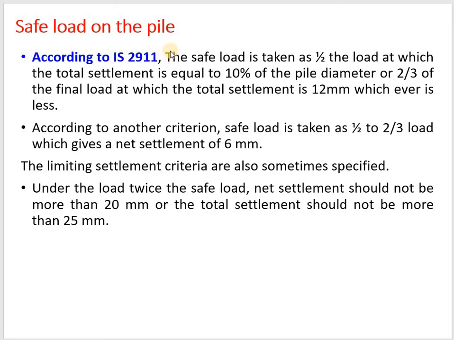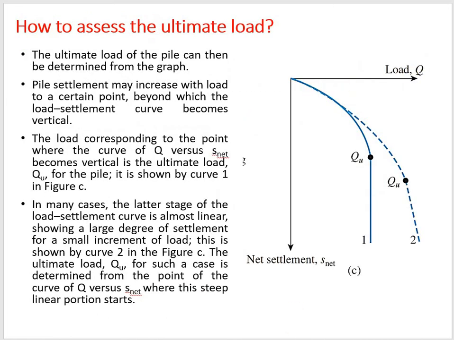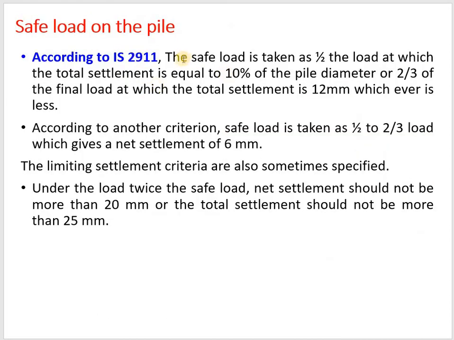So from an exam point of view, if you are asked to find the safe load, and if you are asked to plot the load settlement curve, generally it is not asked, not that important. Even if it is asked, it is easy. Just plot this load settlement curve. Then you follow this guideline: safe load is taken as half the load at which the total settlement is equal to 10% of the pile diameter. That means you take 50% of the load and measure the settlement.